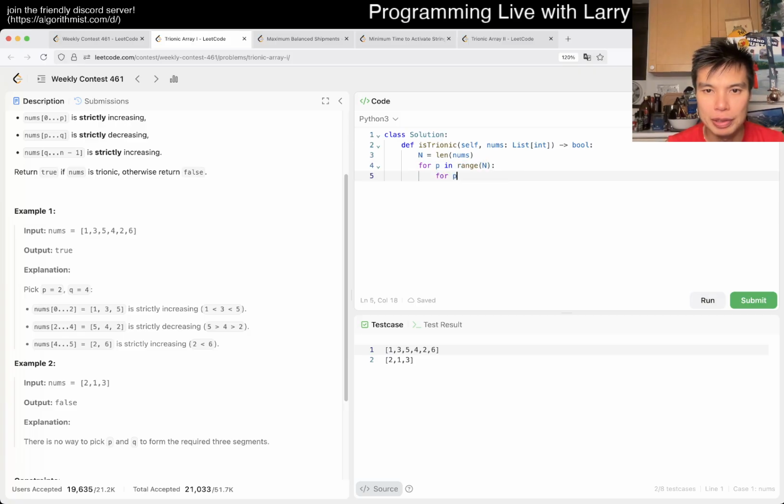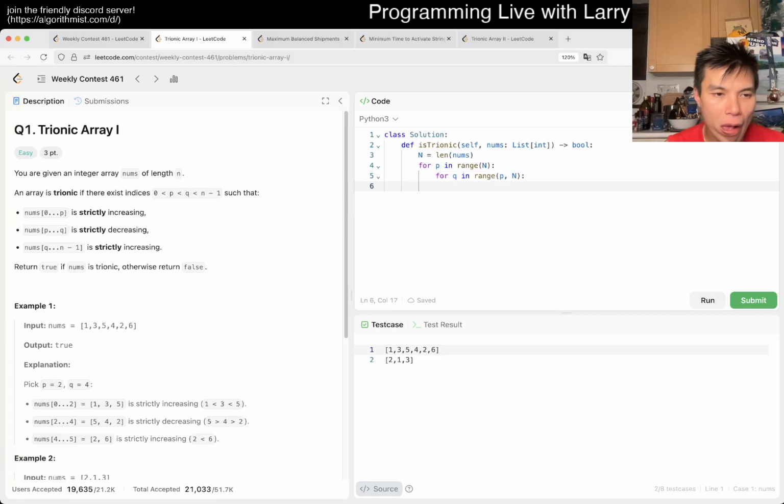For Q in range of P to n, and then basically strictly increasing from 0 to P inclusive. So if increasing P to Q. I think this is actually inclusive, right?